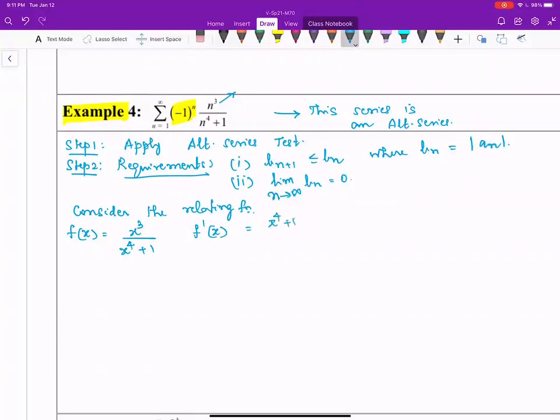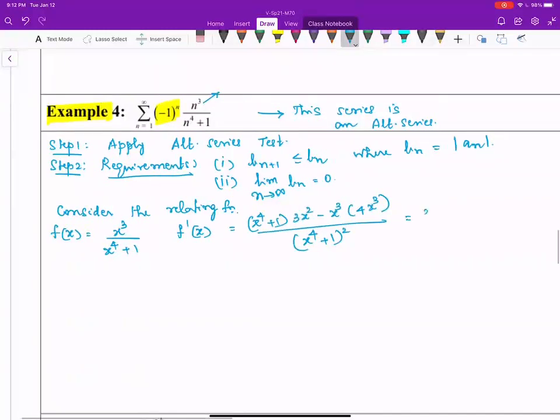It is the denominator times the derivative of the numerator minus the numerator times the derivative of the denominator, divided by the denominator squared. So we get 3x to the power 6 plus 3x squared minus 4x to the power 6, divided by x to the power 4 plus 1, the whole squared.